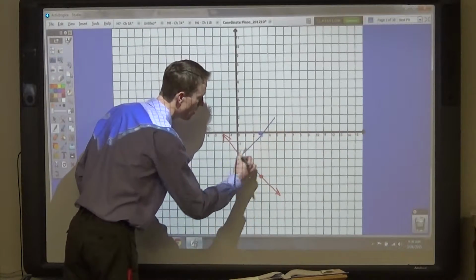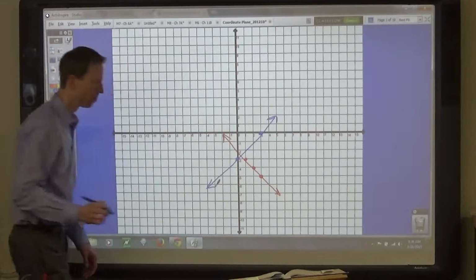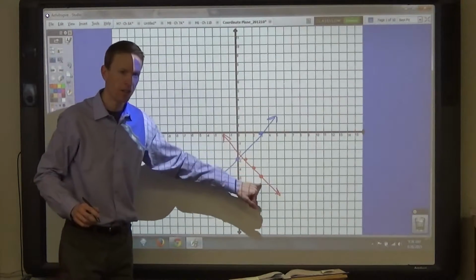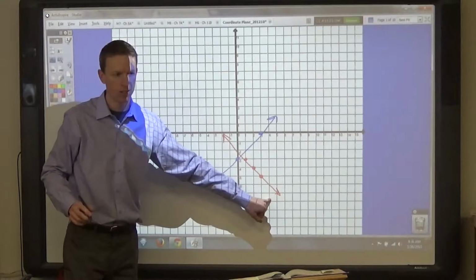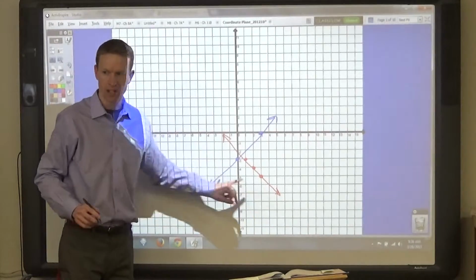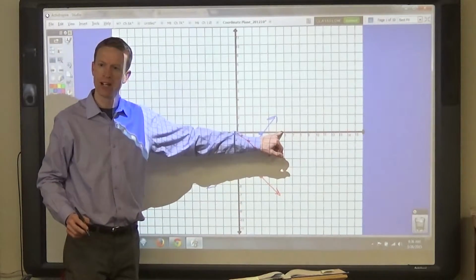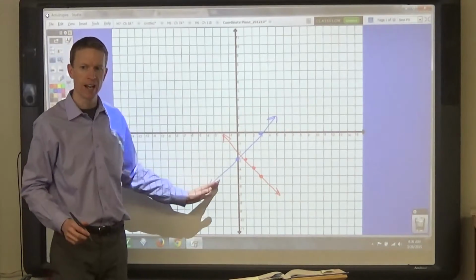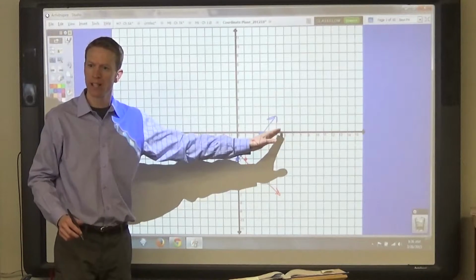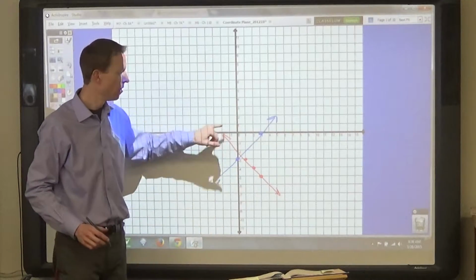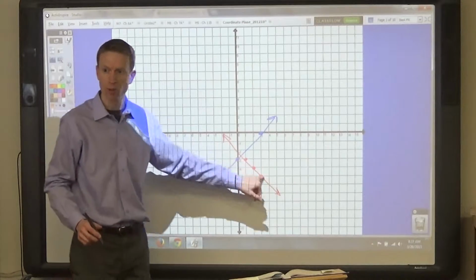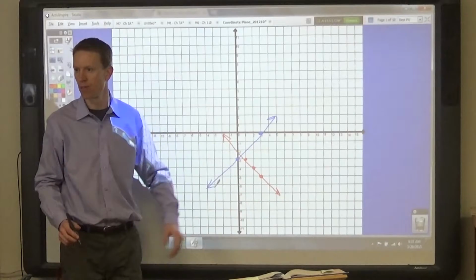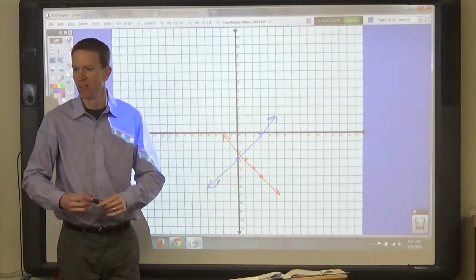What do you notice about the slant of the line? They make an X. One of them goes down as it goes to the right. The other one is going up and to the right. When you're describing a line, you describe it as a positive slope or a negative slope. A negative slope goes down to the right, a positive slope goes up and to the right. Okay? Questions on that?